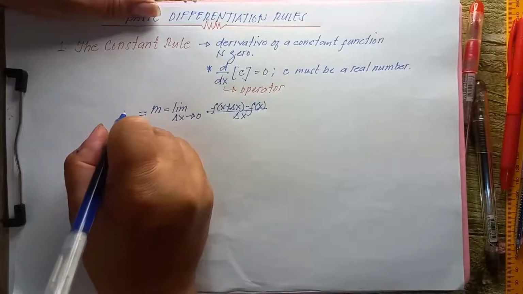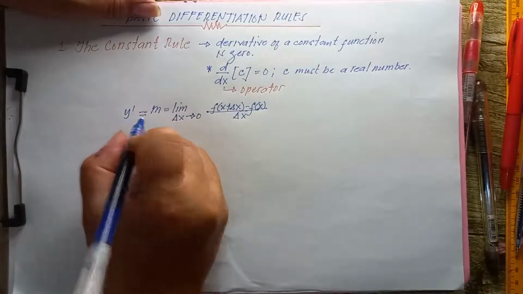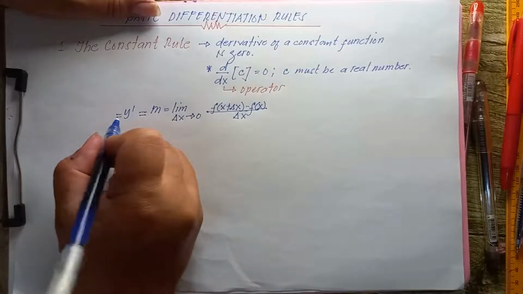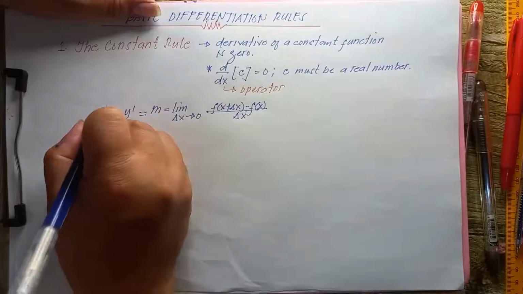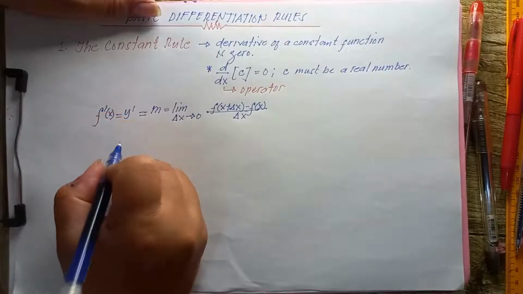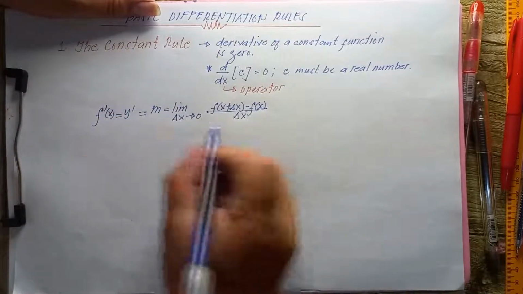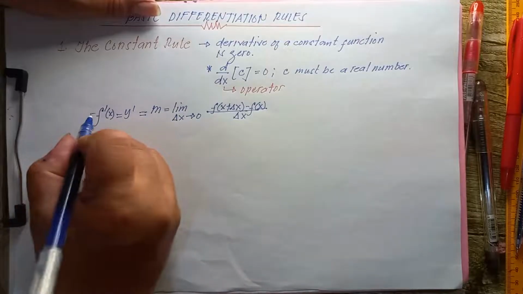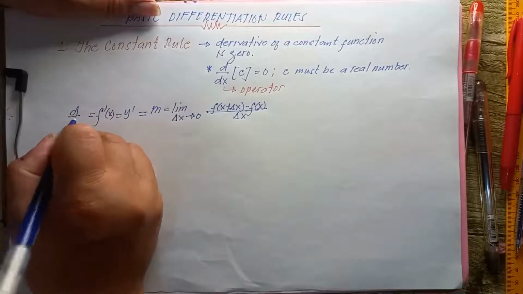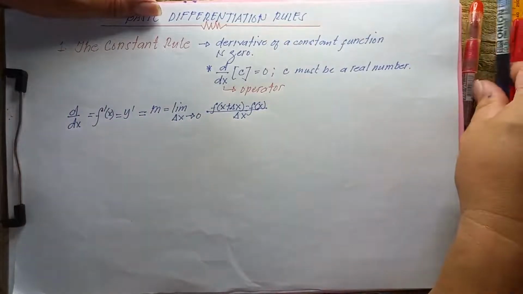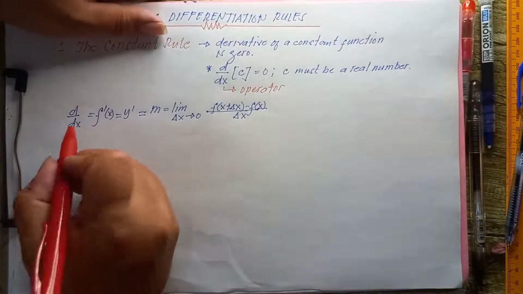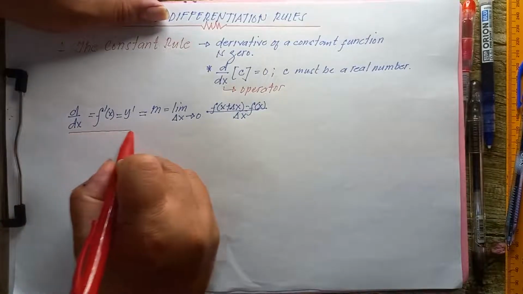This is the same as y prime. Because that is a function, that can also be f prime of x. These are the notations of the derivative. This can also be d over dx. So that is the meaning of the d over dx. It pertains to the derivative.